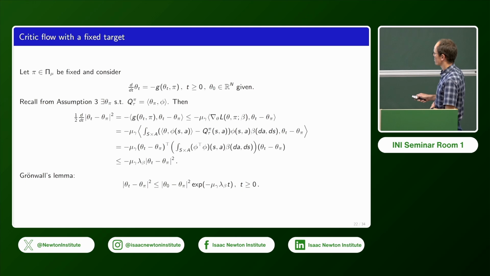So I use that, and I get a nice expression which I can plug into Grönwall's lemma, and I see that this semi-gradient flow is perfectly good at finding the parameters for a Q function for a given policy pi. So far so promising.